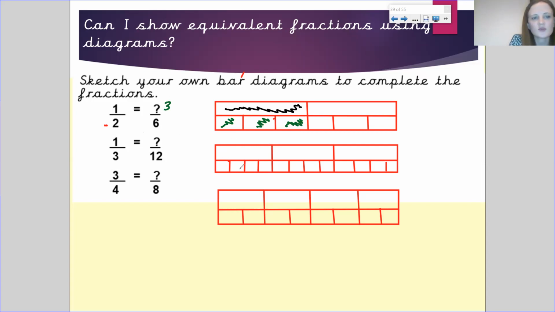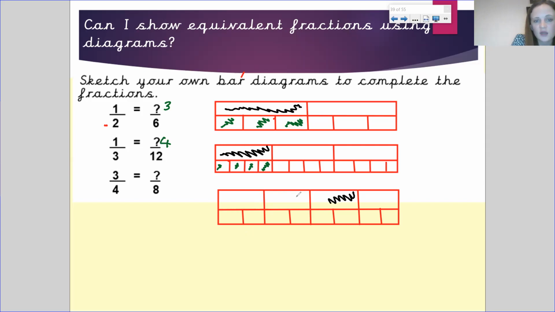Now, if we look at this one, it says 1/3. So if I look at 1/3, and then I look at how many, this is 12 equal pieces. We've got 1, 2, 3, 4. So 1/3 is the same as 4/12. And then the last one says we've got 3/4.